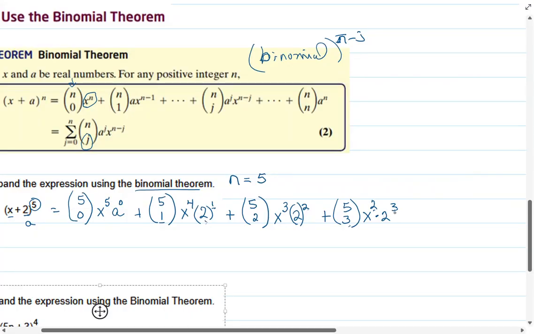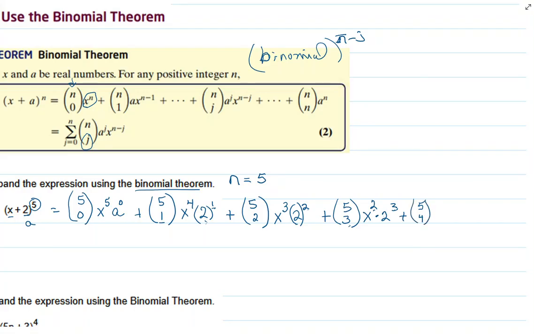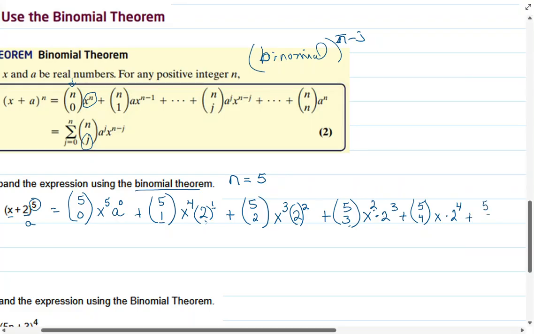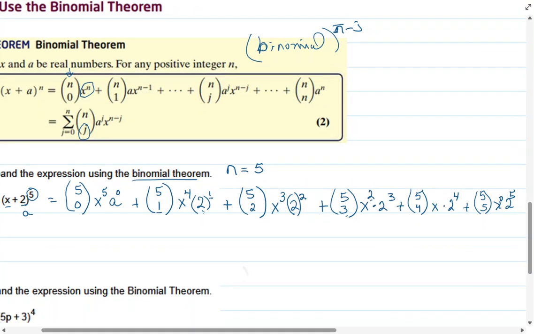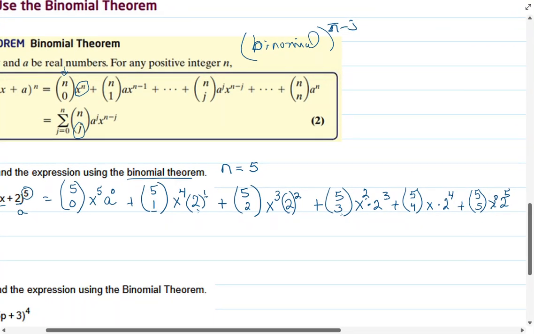Now I'm going to do this is 5 over 4. This means I have an x to the 1 times 2 to the 4. And then I'm going to have 5 over 5, and that's going to be x to the 0 and 2 to the 5. All right, now we're going to do the math. Now we know this is 1 and this is 1.